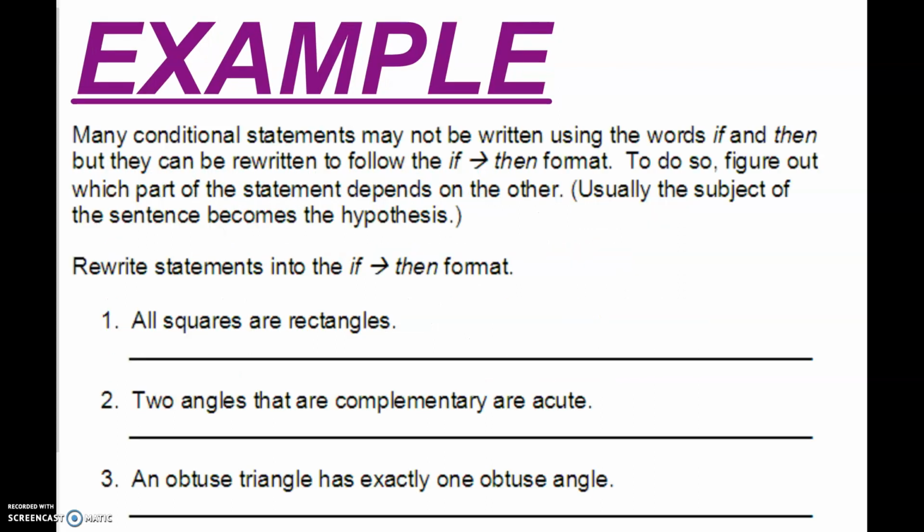All right, many conditional statements may not be written using the words if and then, but they can certainly be written to follow the if-then format. To do so, figure out which part of the statement depends on the other. So again, the subject is typically the P part, and that is your hypothesis.